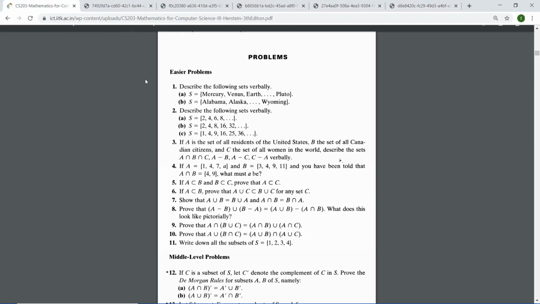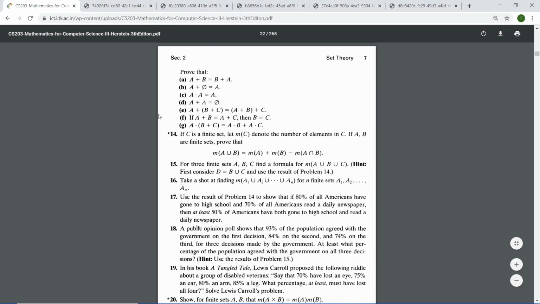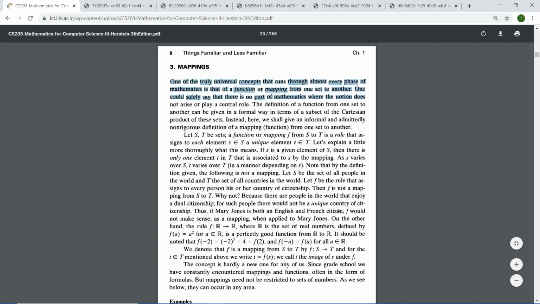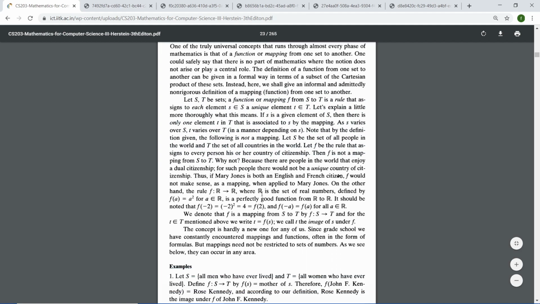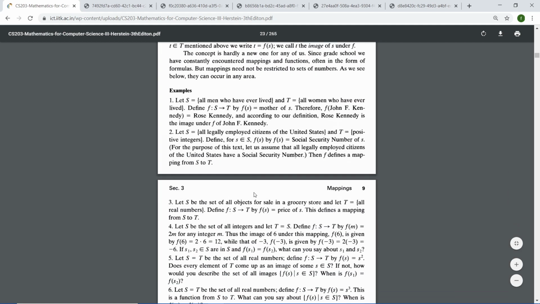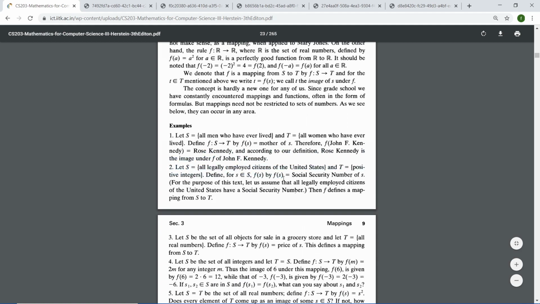And these exercises 3 and 4 are from a new chapter, which is mappings. Mappings is basically a function, and this reminds me of linear algebra, where we cared about stuff like if it's surjective and if it's injective.